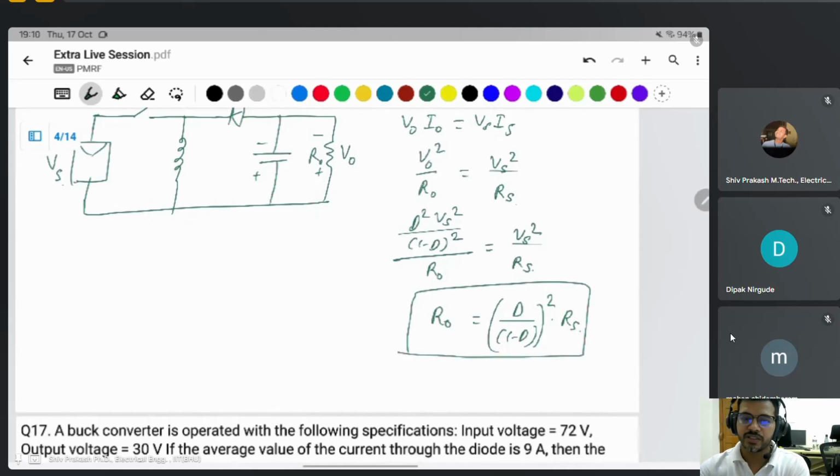By using these three equations, you can control the MPPT.